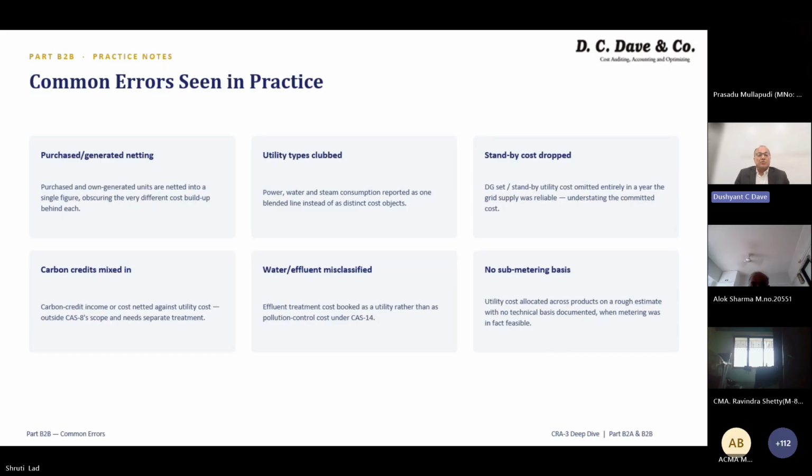Utility allocation without technical basis: suppose one factory manufactures 3 products. Electricity cost is simply allocated based on production quantity. But one product uses heavy machinery, while another requires manual assembly. The allocation becomes inaccurate. So wherever possible, utilities should be allocated using meter readings, machine hours, and technical consumption norms.